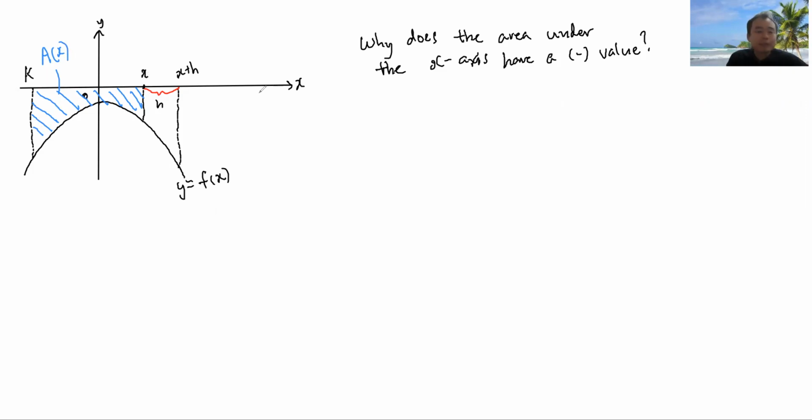Now let's use maybe pink. I'm going to call this area, basically the area all the way until x plus h, the pink area, A(x plus h).